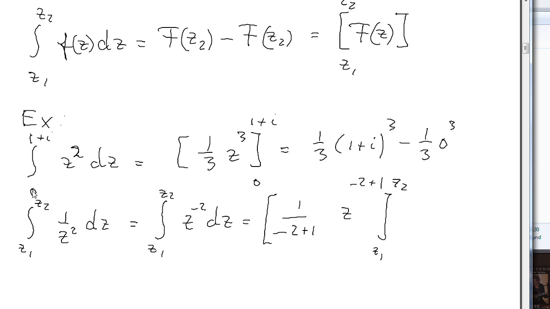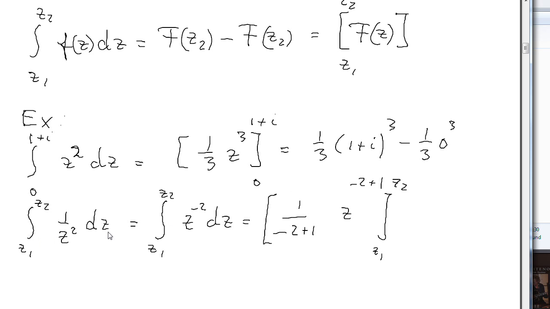This is the integral from 0 to the point 1 plus i on any path between these two points. So using the antiderivative of z squared, which is 1/3 z to the power of 3, and inserting these limits, we easily obtain this number.